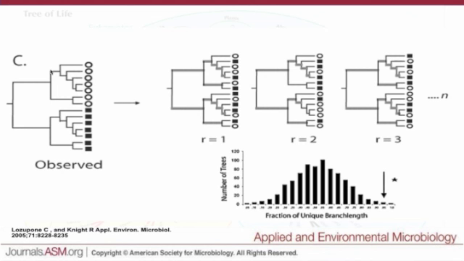And then they say, okay, let's use this as our example. How can we calculate the random probability that we would observe something like this, given a tree that looks like this? So the way they do this is they basically say, we have 6 taxa, and 3 of them are from environment 1 and 3 of them are from environment 2.